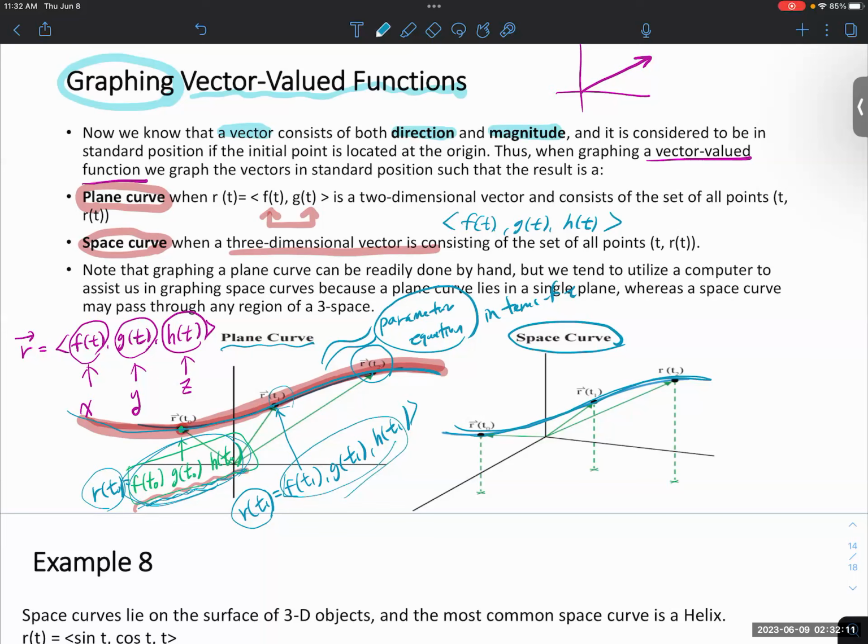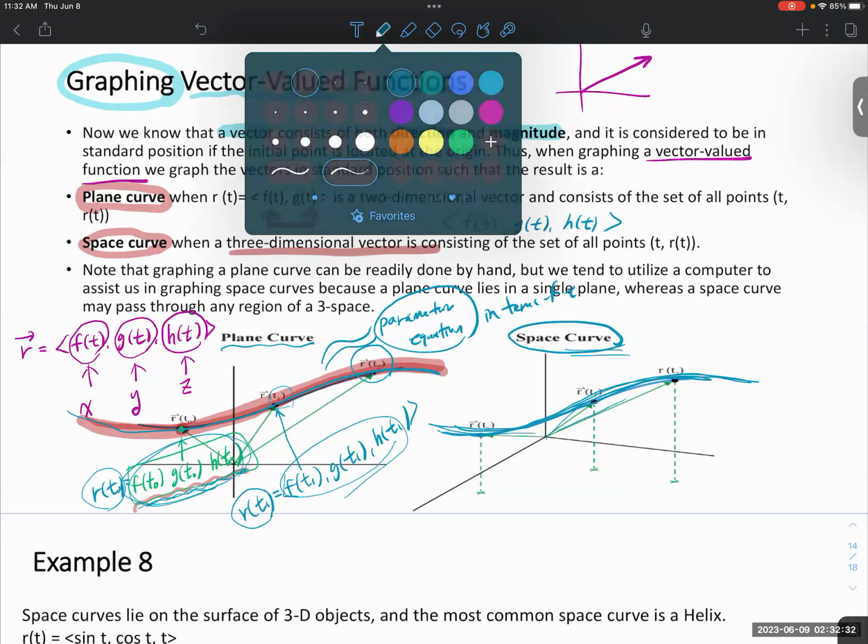In three-dimensional space, it's more complicated, right? And when you connect all these vector points, they create a curving line, and that is going to be the parametric equation. Does it make sense to you? So think about it, and I will show you a couple of examples. Not that difficult, so let's take a look at it.